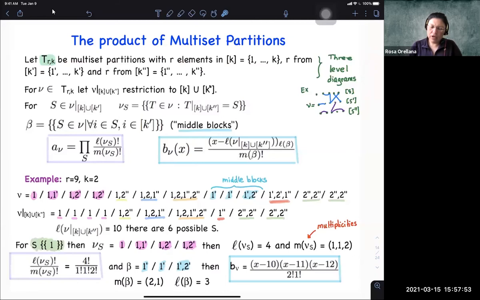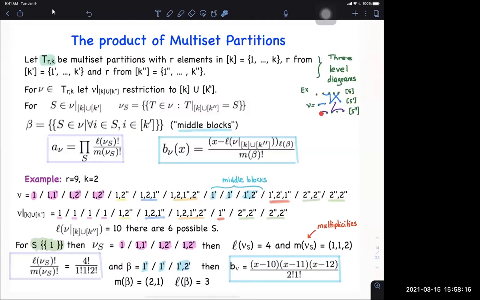Then, for every 3 level diagram, there is going to be some data that you're going to accumulate. So remember, something that was important were the middle pieces, right? So these are the middle blocks, the beta, right? So it just keeps track of all the middle blocks, yeah? And then the other parts are keeping track of only what goes from the top to the bottom, right?